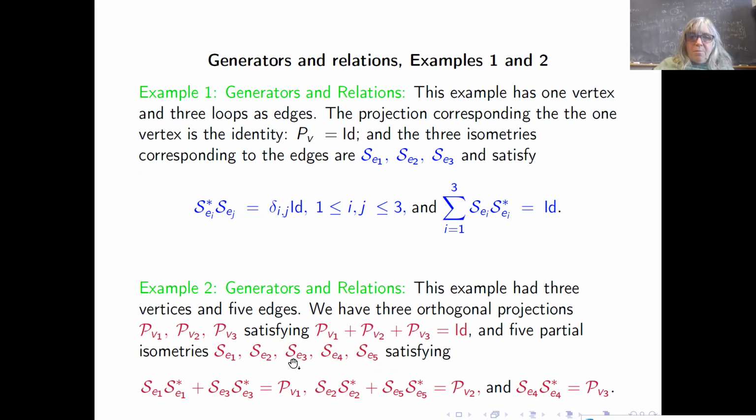And your 5 partial isometries satisfy these 3 conditions. S_e1 S_e1 star plus S_e3 S_e3 star is P_v1. S_e2 S_e2 star plus S_e5 S_e5 star is P_v2. And S_e4 S_e4 star is P_v3.